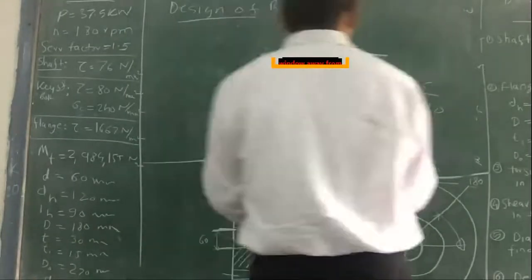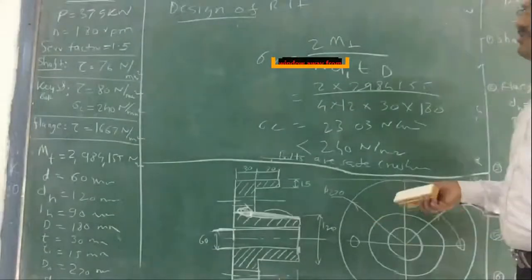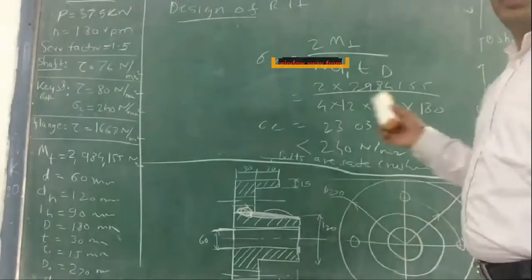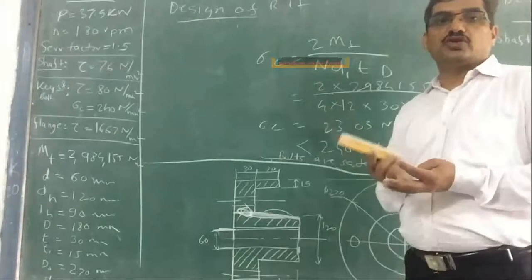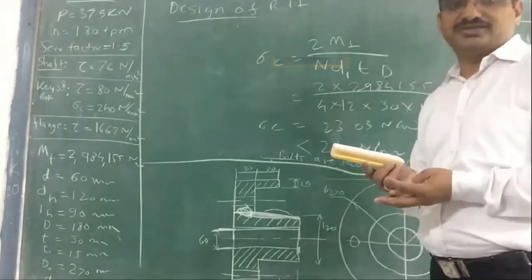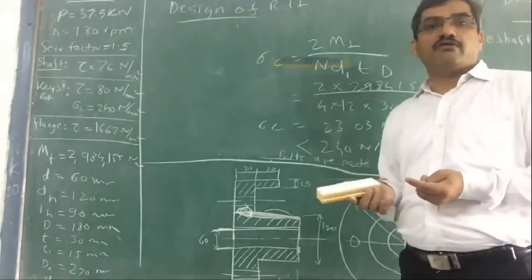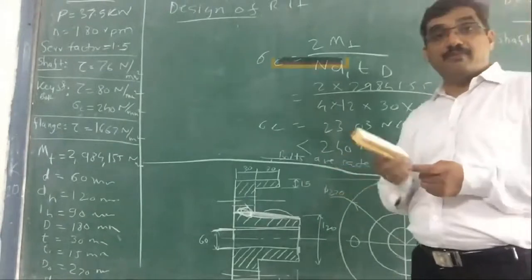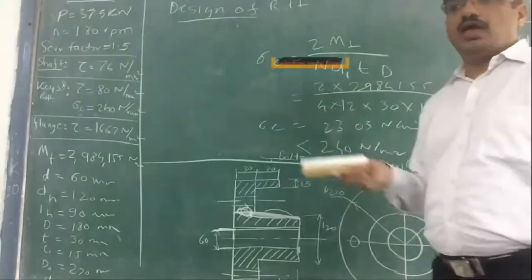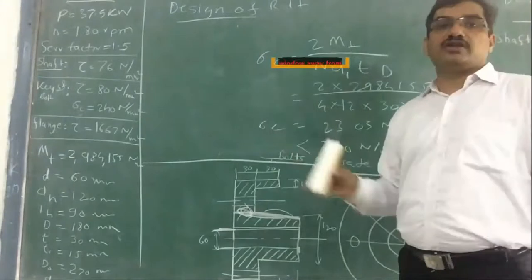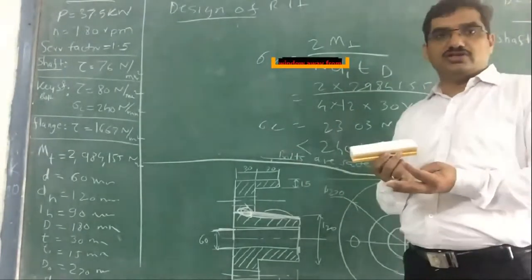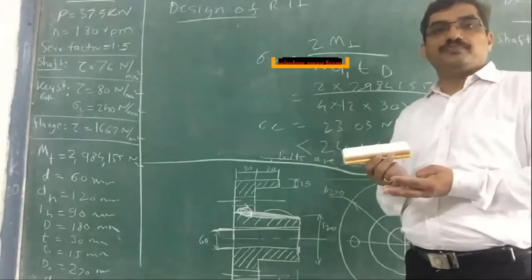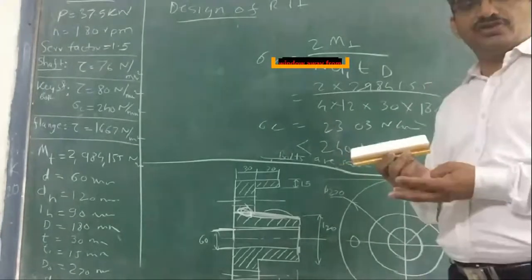Right? So this is the way we will do the design. First we found the diameter of the shaft using the torque equation and then the shear stress equation. Then we found the dimensions of different parts of the flange. And once we know the dimensions, we have to check different failures. First, we check the hub for the torsional shear failure. Then we check the flange for the shear failure, right?